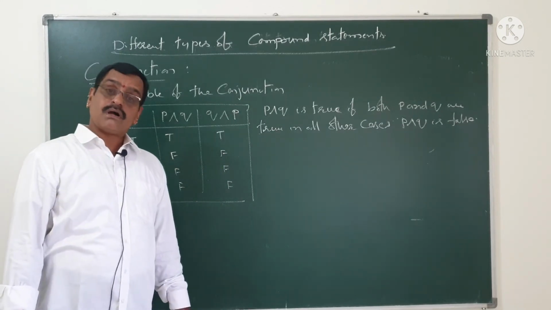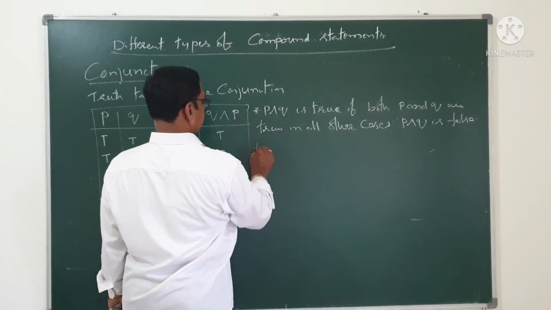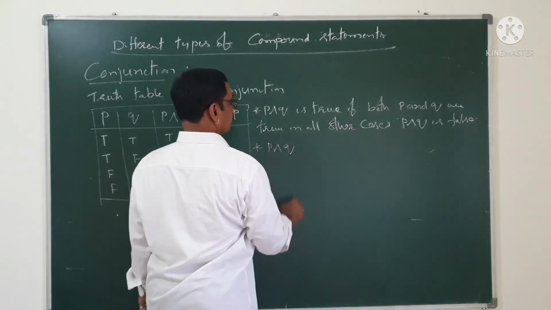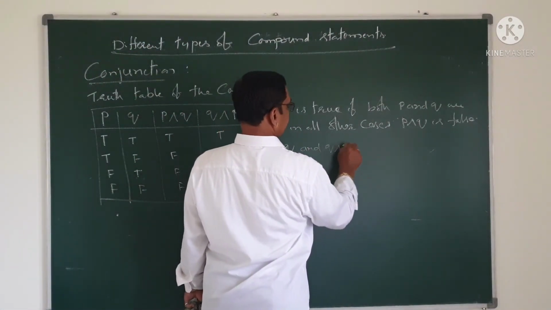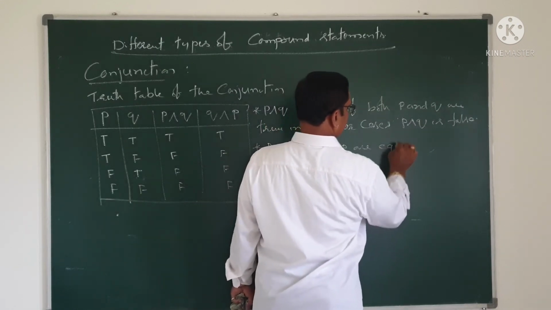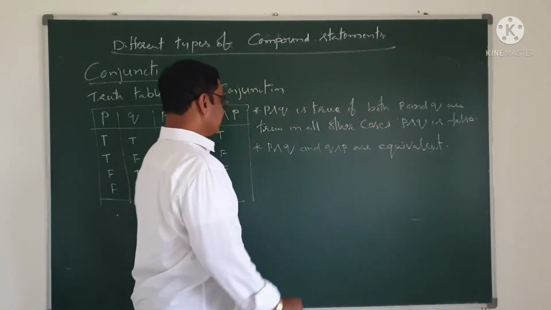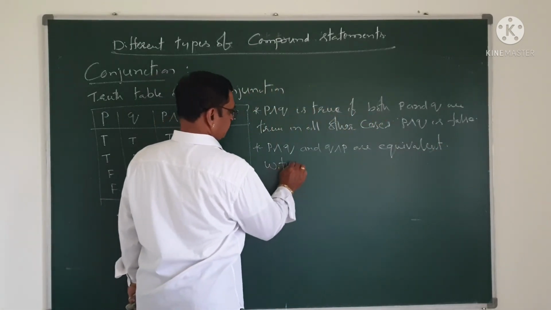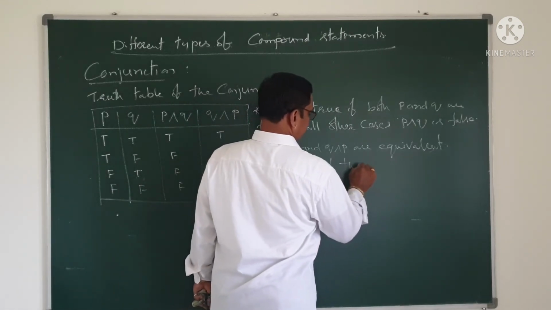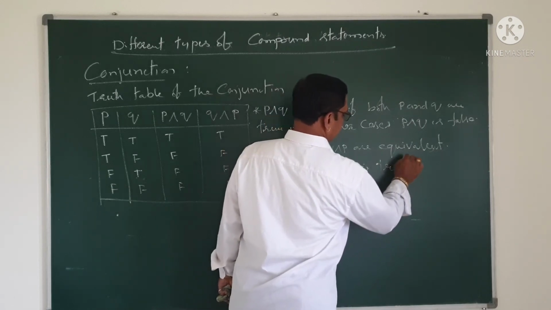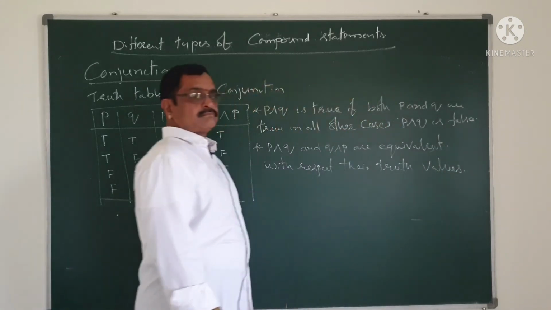Therefore, these two also form equivalent statements with respect to truth value. P and Q and Q and P are equivalent with respect to their truth values. Please note down.